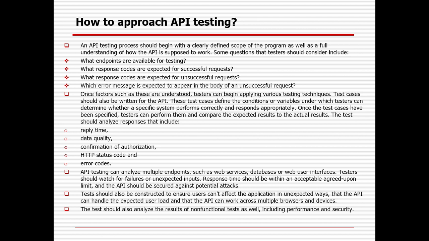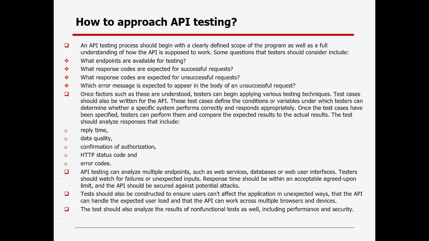Okay, so once factors such as these are understood, the tester can begin applying various testing techniques. Test cases should also be written for the API. These test cases define the conditions or variables under which a test can determine whether a specific system performs correctly and responds appropriately.